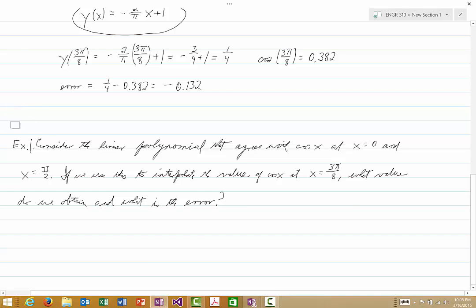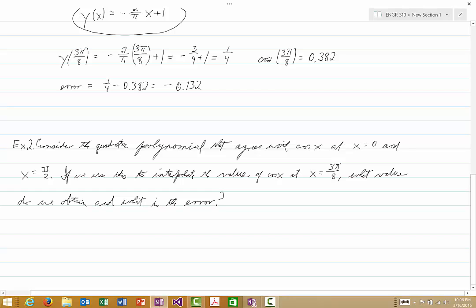So now we take what we had in example 1, and we're going to make example 2. And this time, instead of a linear polynomial, we will look for a quadratic polynomial, and it will agree with cosine x not just at 2 points, but at 3 points.